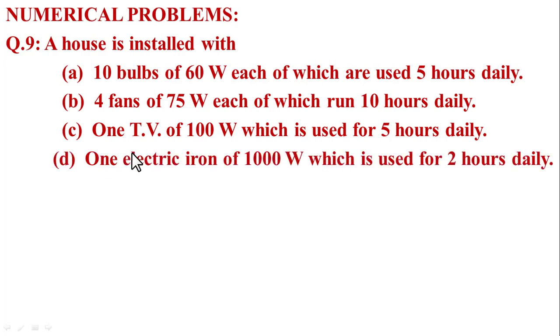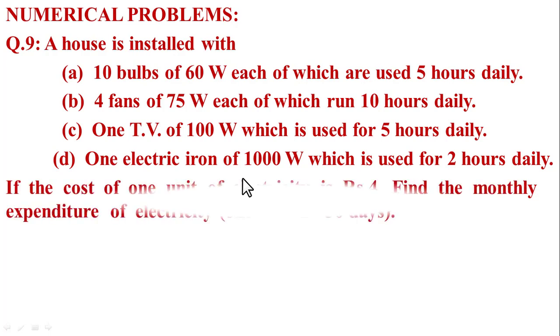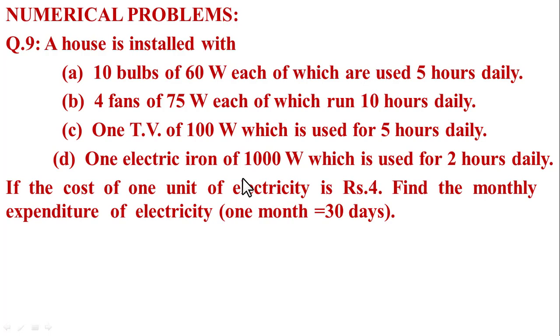In D part, an electric iron of 1000 watt, which is used for 2 hours daily. The cost of 1 unit of electricity is Rs 4. Find the monthly expenditure of electricity, where 1 month is equal to 30 days.